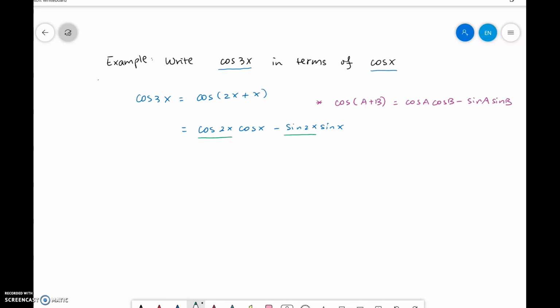That means I'm going to use both double angle formulas. For the cosine, either cosine squared x minus sine squared x, or 2 cosine squared x minus 1, or 1 minus 2 sine squared x. And then also the sine double angle formula, which is 2 sine x cosine x.